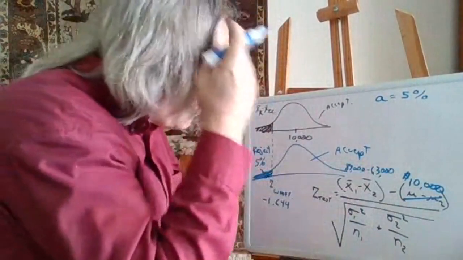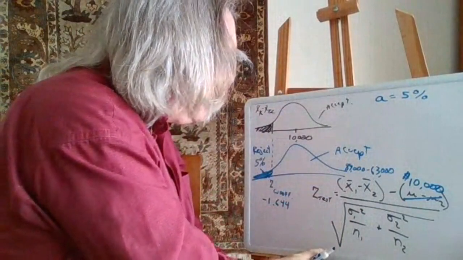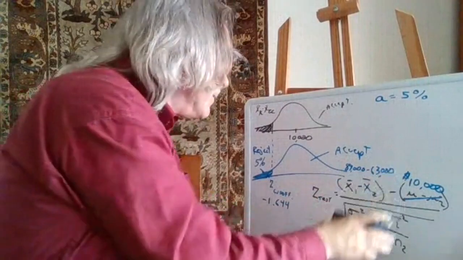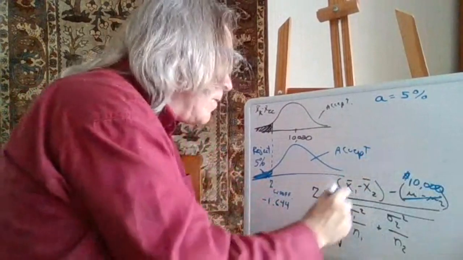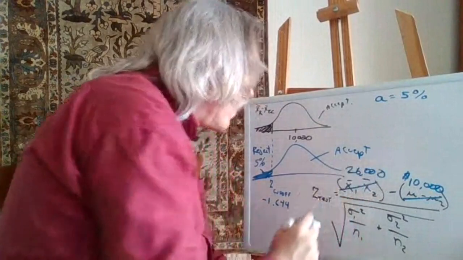So subtracting these two gives me $26,000. So this thing here is $26,000.